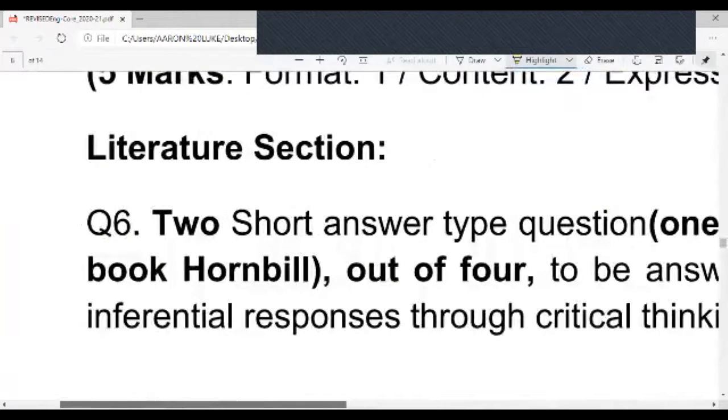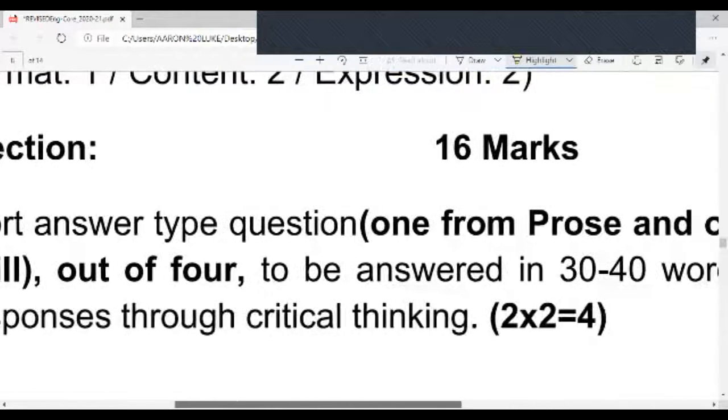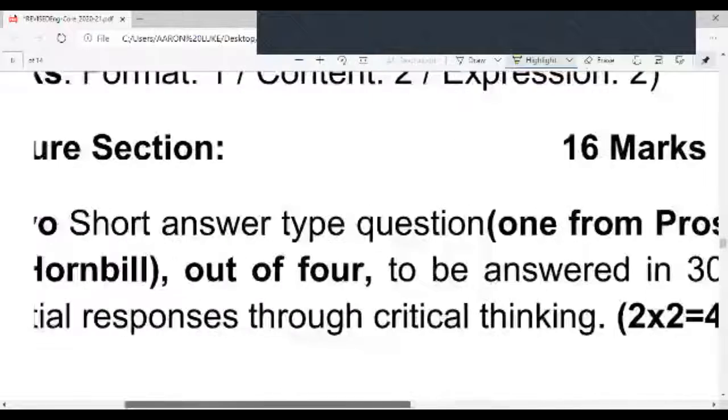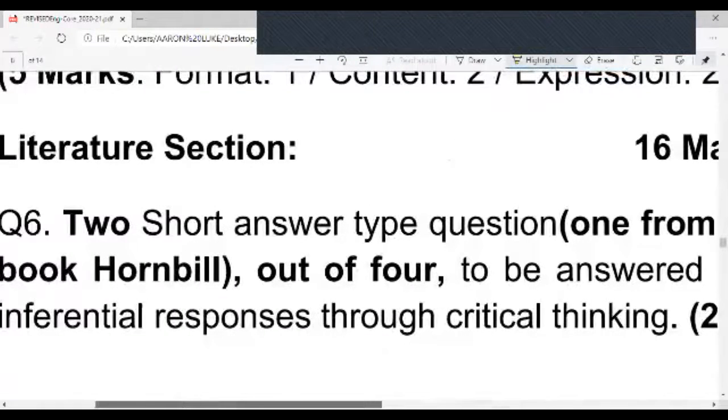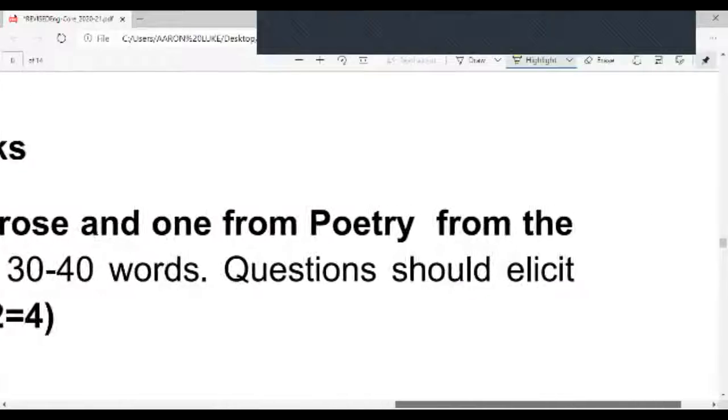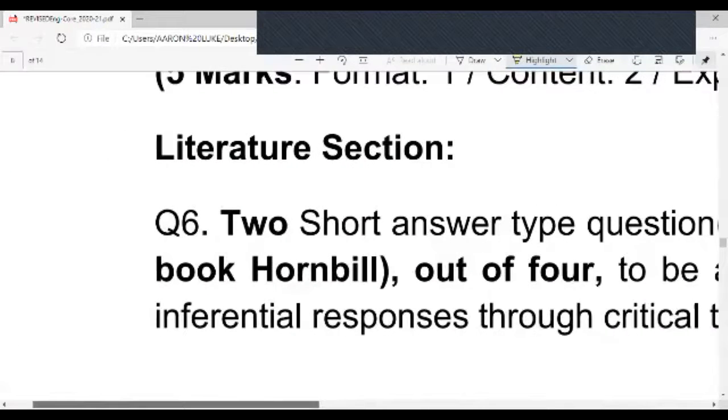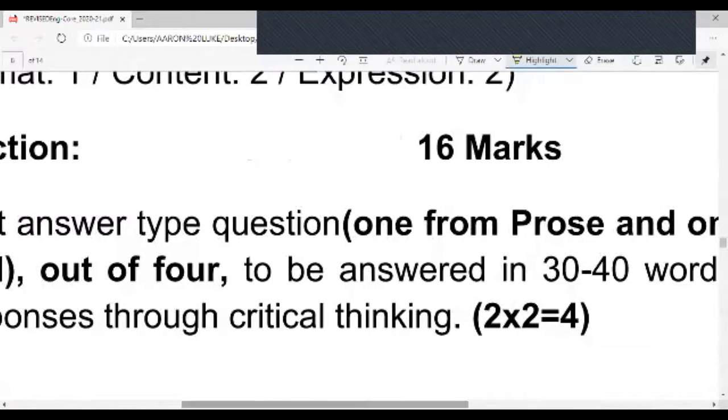I repeat, two short answer type questions, one from prose and one from Flamingo, both are mandatory. Out of 4 to be answered in 30 to 40 words, questions should elicit inferential response through critical thinking, etc. You will be asked for 2 into 2, 4 marks.